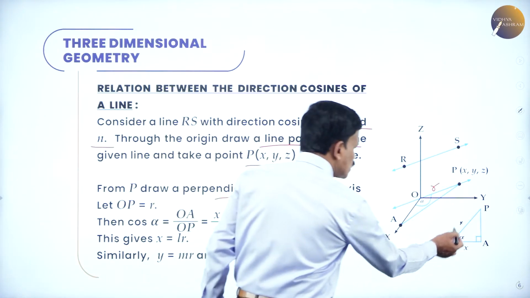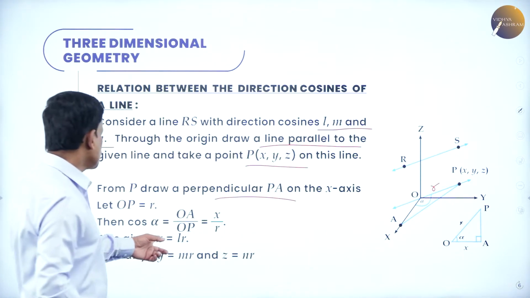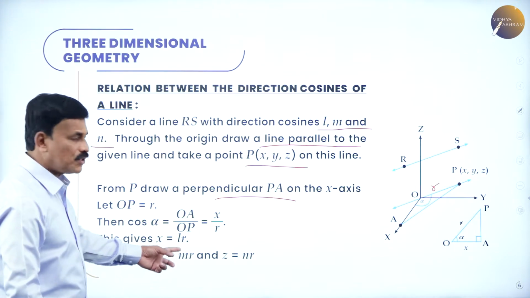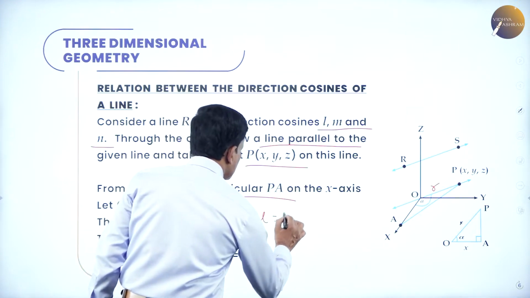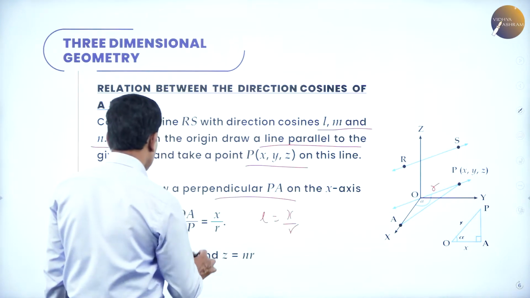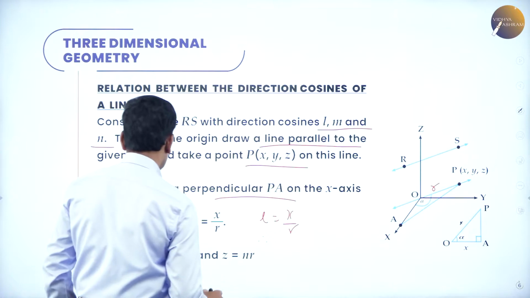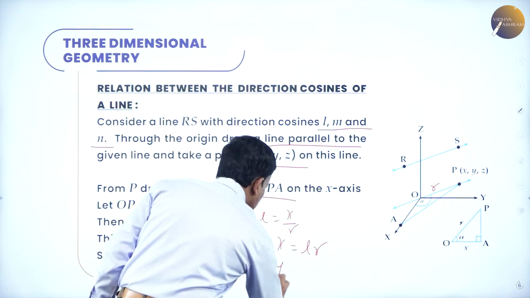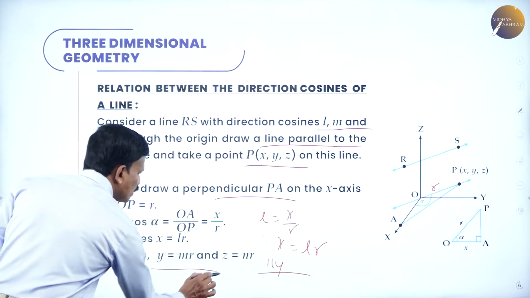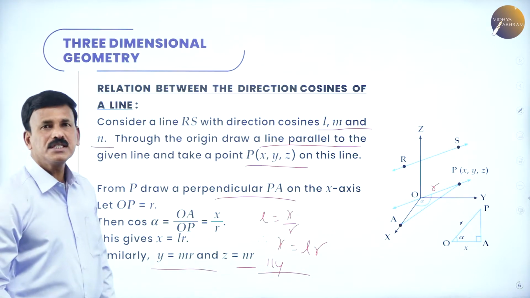That is, l is equal to x by r. If we cross multiply, x is equal to l into r. Similarly, we will get y is equal to m into r and z is equal to n into r.